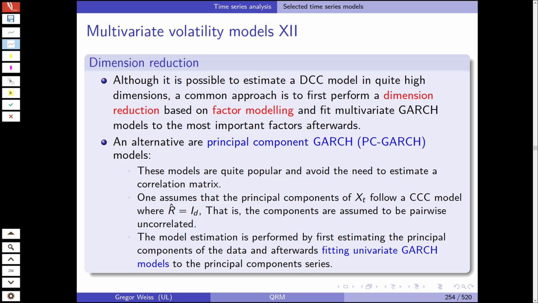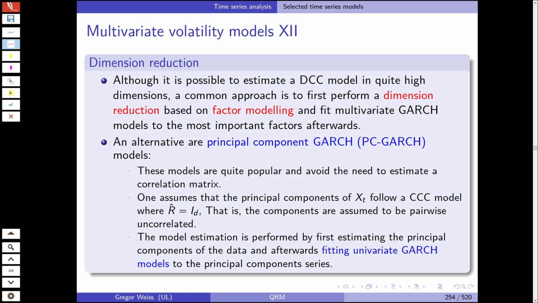What you do is you assume that the principal components of Xt, so the principal components in this, say, 50-dimensional time series, the principal components that are sufficient to describe the variation in this time series, maybe we only need 2 or 3 principal components, follow a CCC model, with, again, R being the unit matrix.